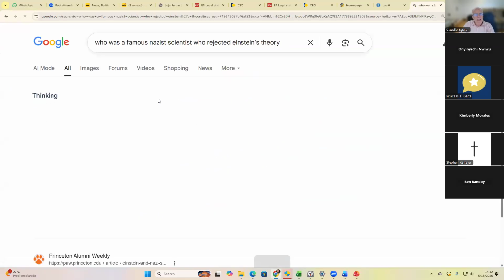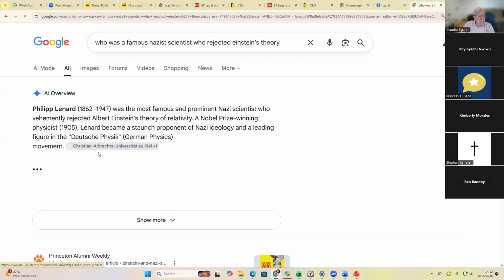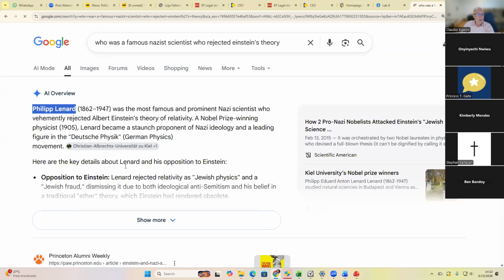Philip Leonard. Leonard was his last name, Philip was his first name. He was the most famous and prominent Nazi scientist who vehemently rejected Einstein's theory of relativity.